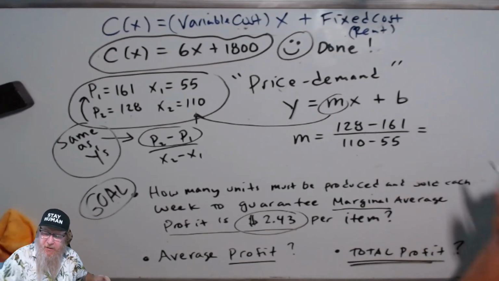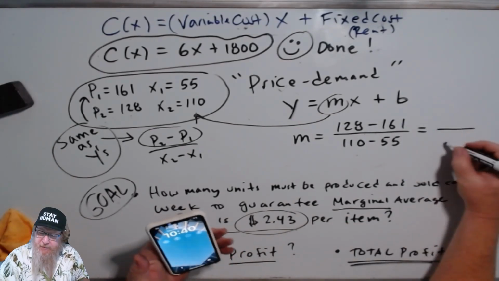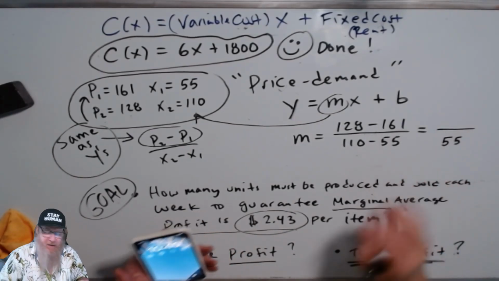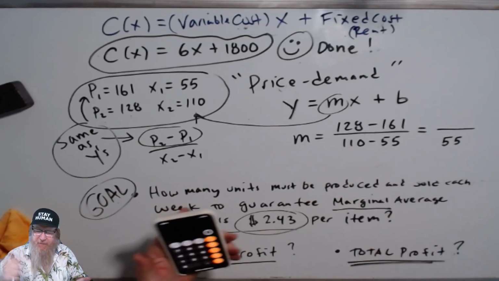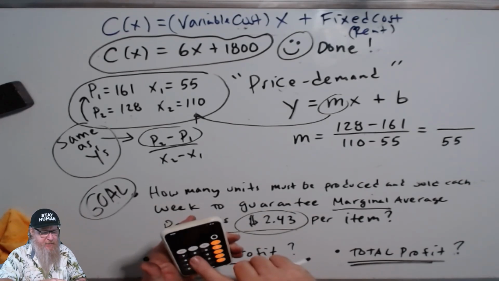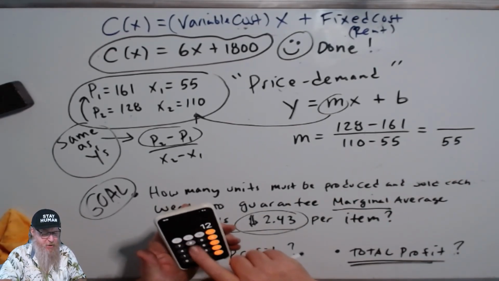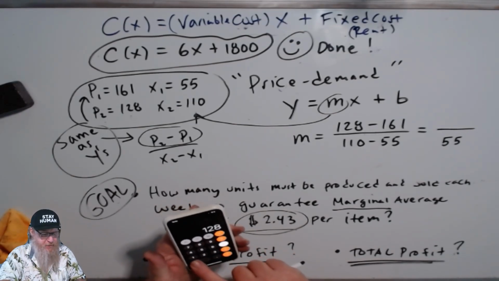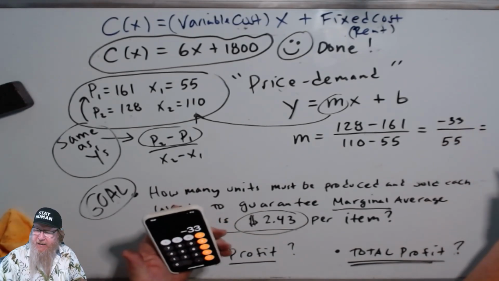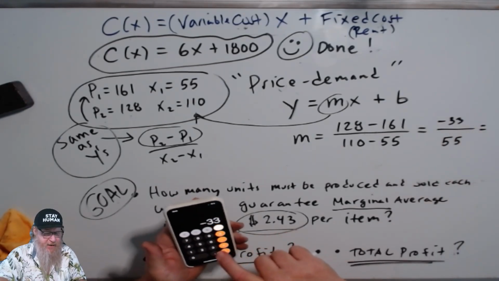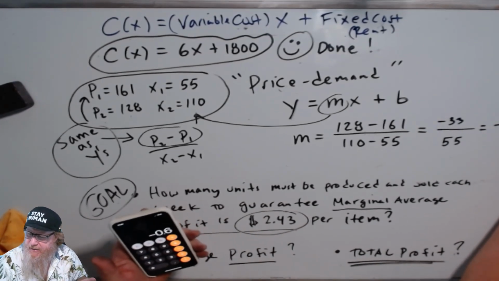All right, let's do our slope here. So I know the bottom's just going to be 55 because 110 minus 55 is obviously going to be twice that. So 110 is twice 55, so it goes right back to being 55. The numerator, I want to make sure I don't screw up. So that's negative 33 divided by 55 is negative 0.6.